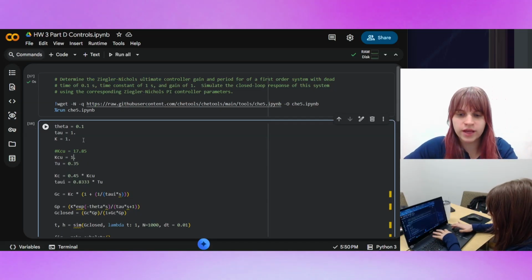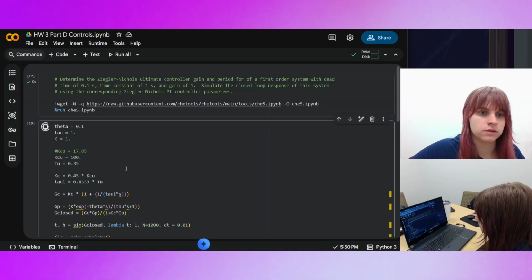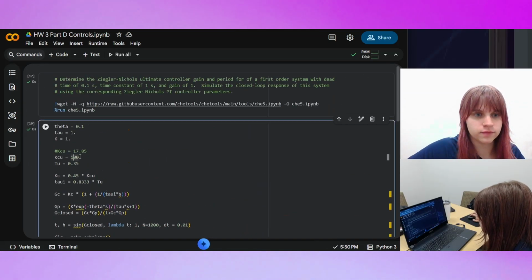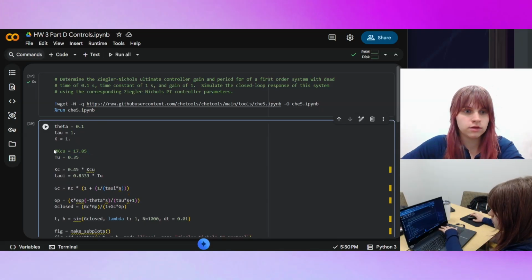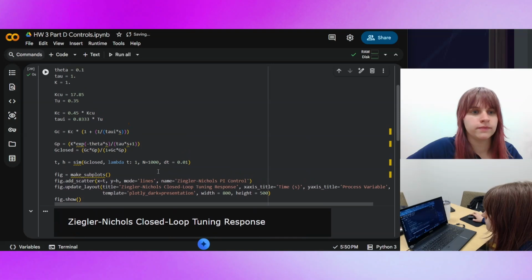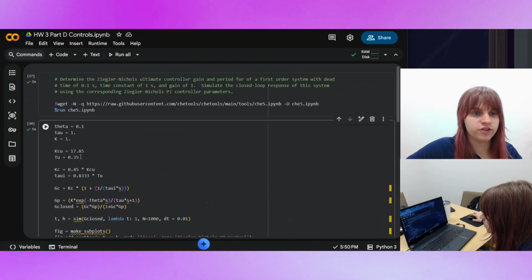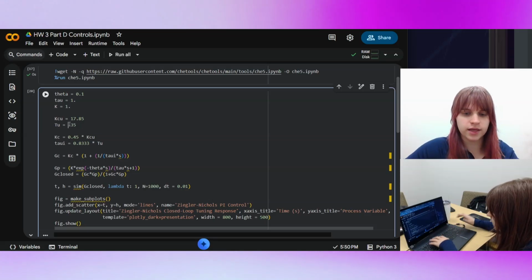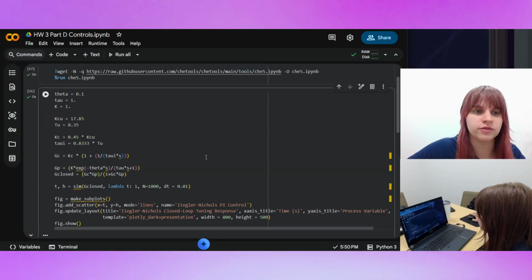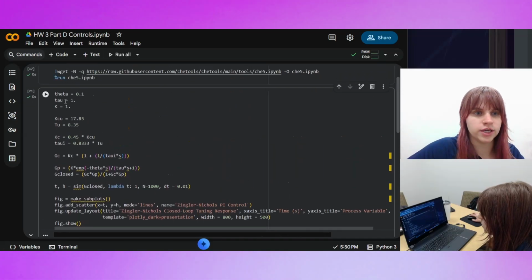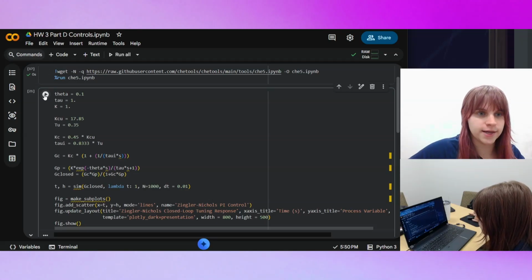If we go way too high, obviously we're going to have problems. Now if I change our Tu, let's say I make it 8.35 instead of 0.35, we clearly have an issue there. So I'm going to keep that like that, right there.